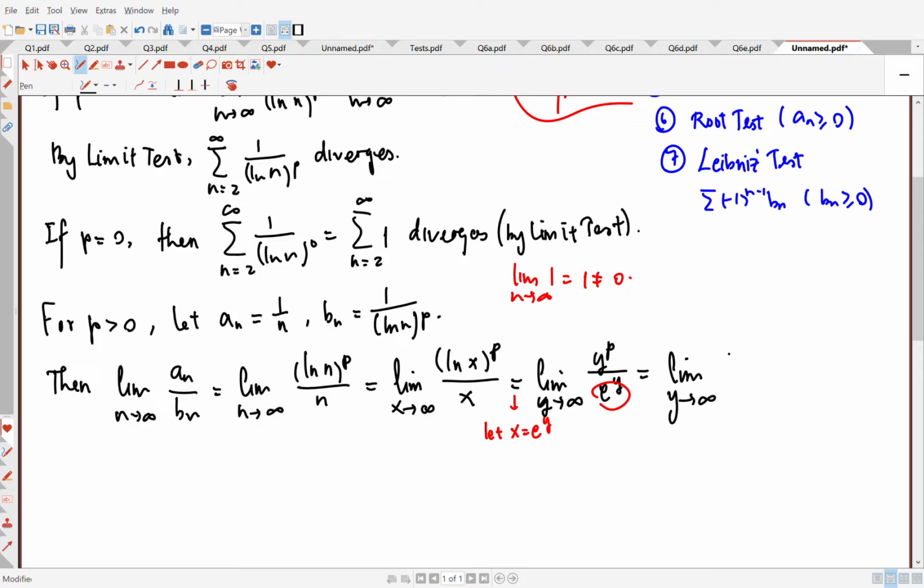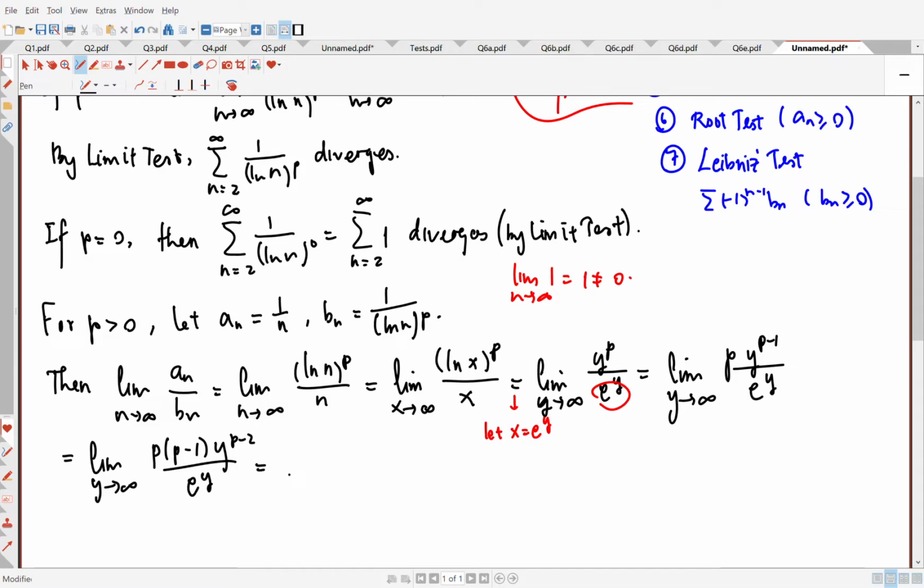I will get p times y power p minus 1 divided by e to the power of y. If we do L'Hospital's rule twice, I will get the limit y tends to infinity of p times p minus 1 times y power p minus 2 divided by e power of y.